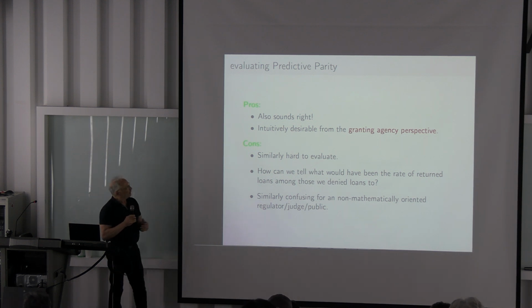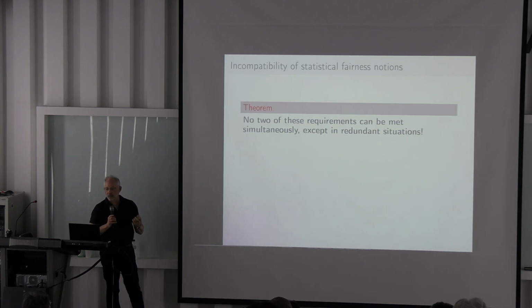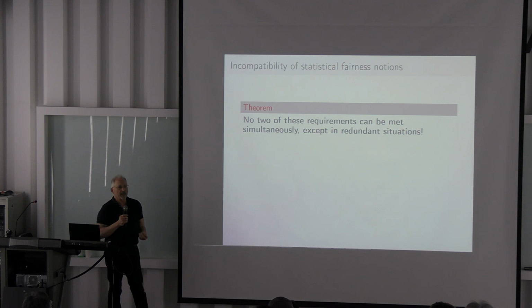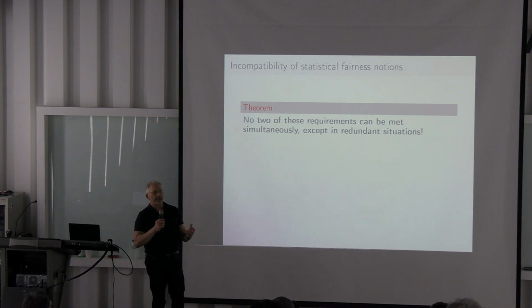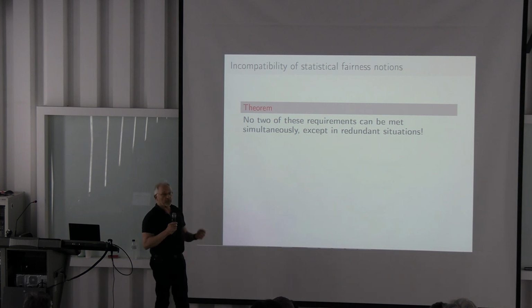And the funny thing is that these two requirements cannot be met simultaneously. So you would like to say, oh, the first one sounded very reasonable, that's a good definition of fairness. The second one also sounded very reasonable, it's also a good notion of fairness. But we cannot satisfy both at the same time.